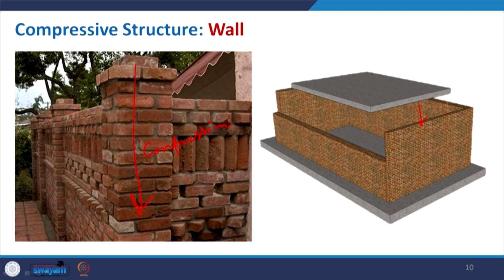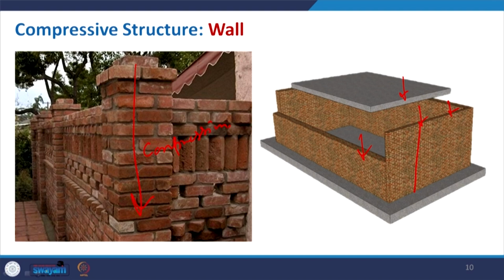Here also, if you make a load bearing structure, the load of this slab is transferred to the wall and to the foundation. This is another example that we already discussed earlier. Again, load bearing walls are normally used in some of the old buildings where you have a higher thickness of wall, and the wall takes the maximum load.